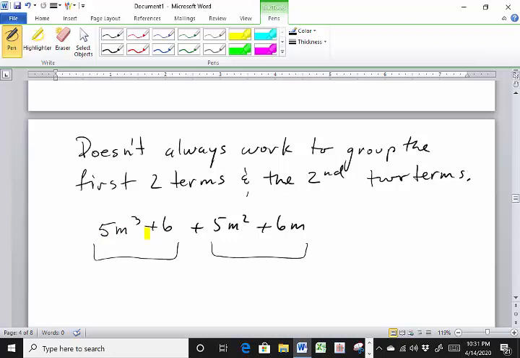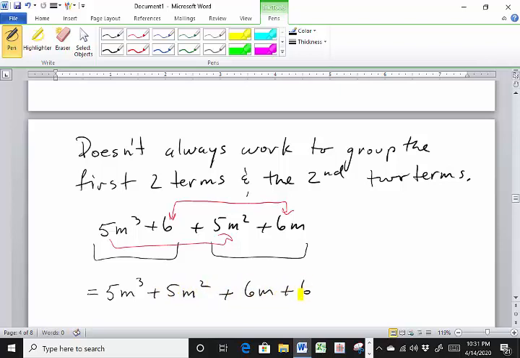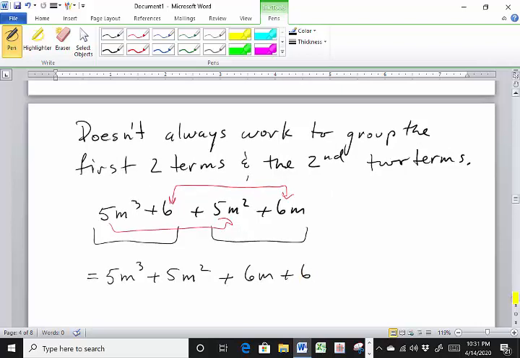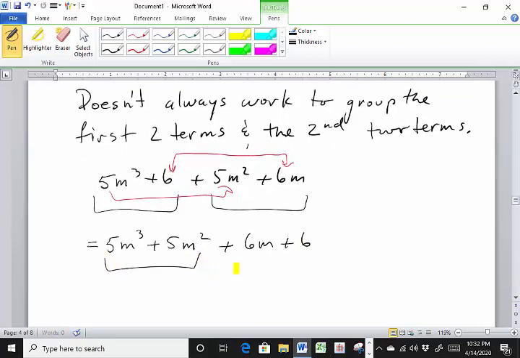The most logical thing, if I looked at these two, I know I can get a common factor of 6, and if I looked at these two, I could get a common factor of 5 and m squared. So I'm going to rewrite this as 5m cubed plus 5m squared plus 6m plus 6. Now I'm going to group these first two and the second two.